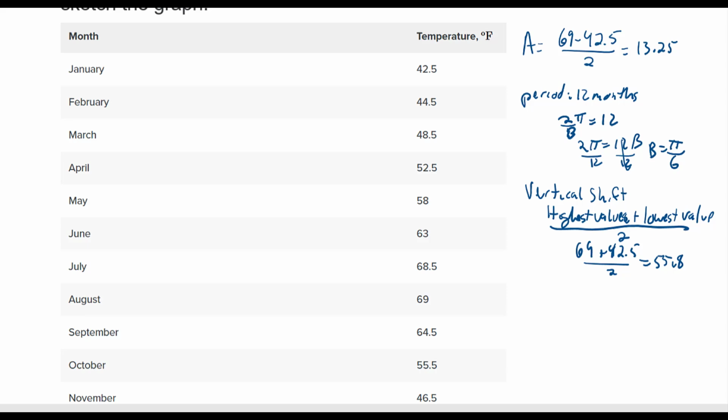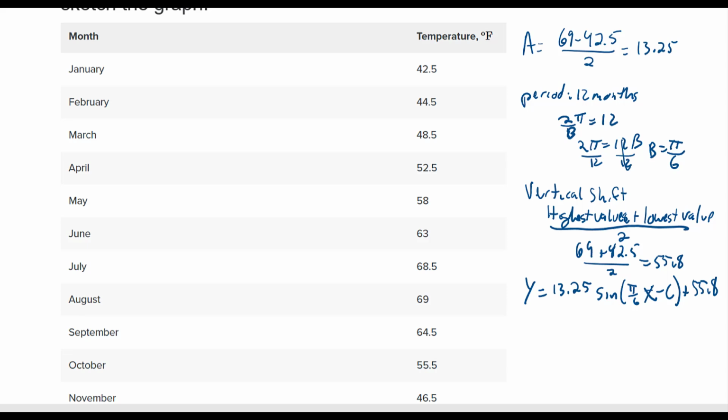So right now, if we put it together, we have y equals 13.25 times sine of pi over 6 times x minus c plus 55.8. So now we have to find the c.